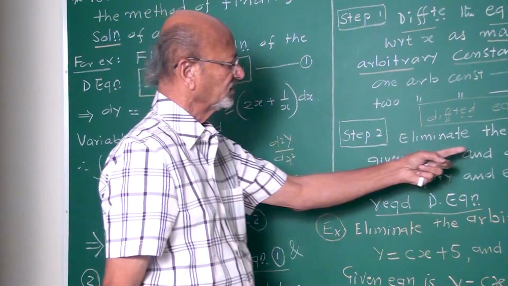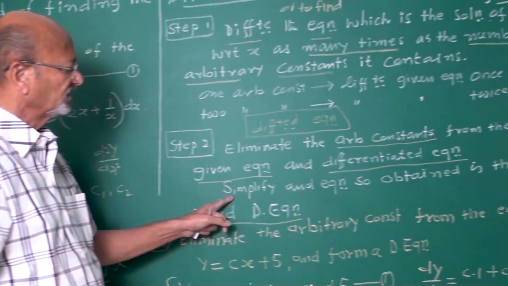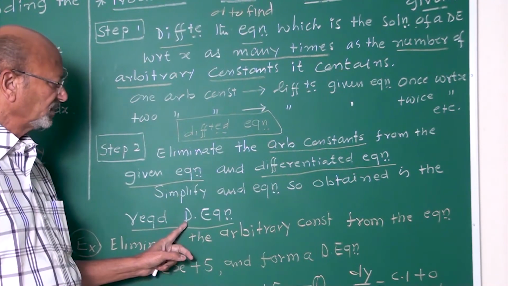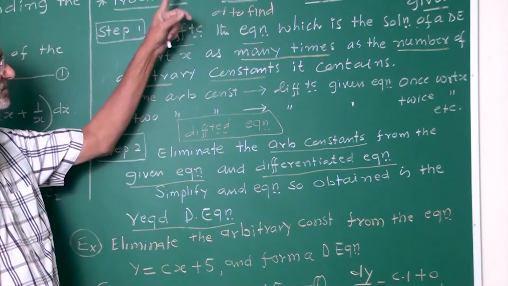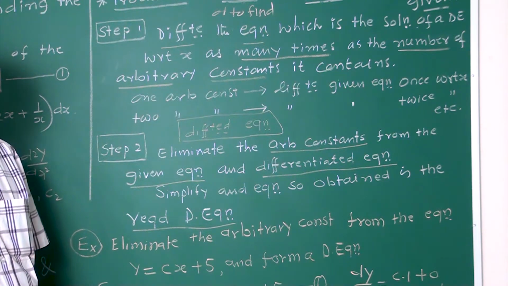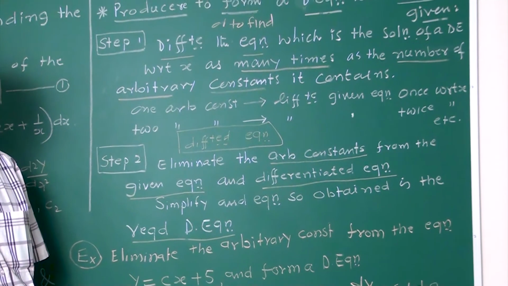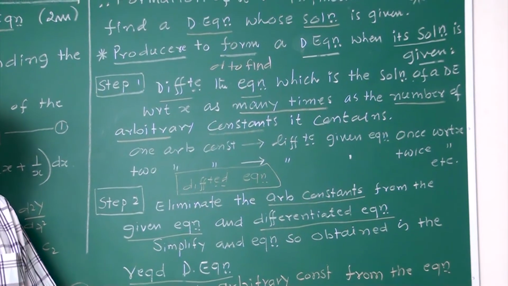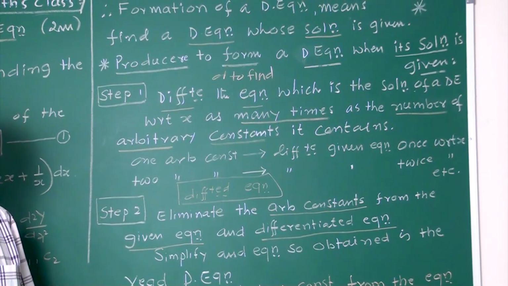Simplify if necessary. The equation so obtained is the required differential equation. This is the method, my friends, to form a differential equation. Examples are quite simple. No confusion. You must be thorough with differentiation now.